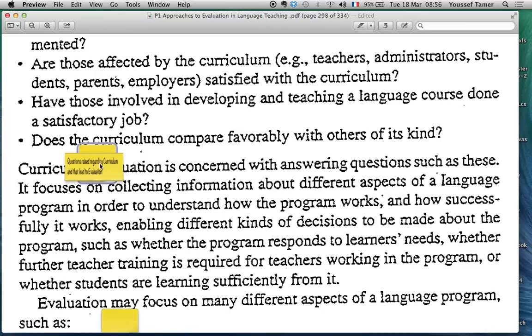So the next thing to be mentioned is the objectives. You don't see it there, but I see it on my screen. Maybe it's too small. It's just objectives of evaluation.